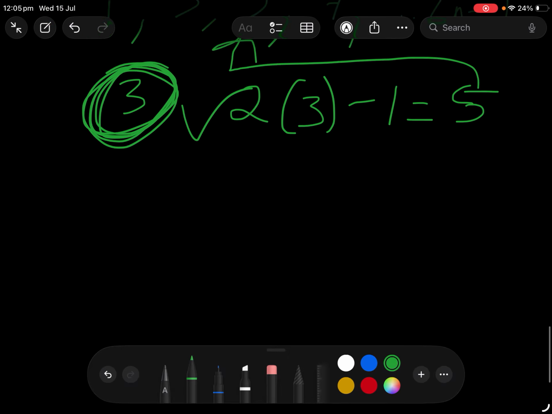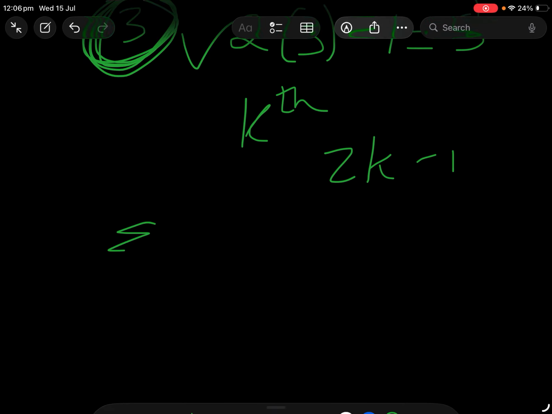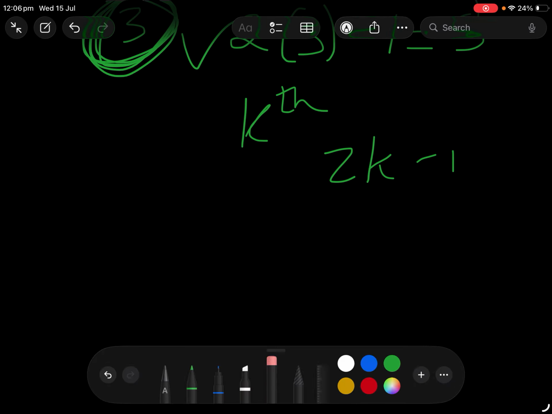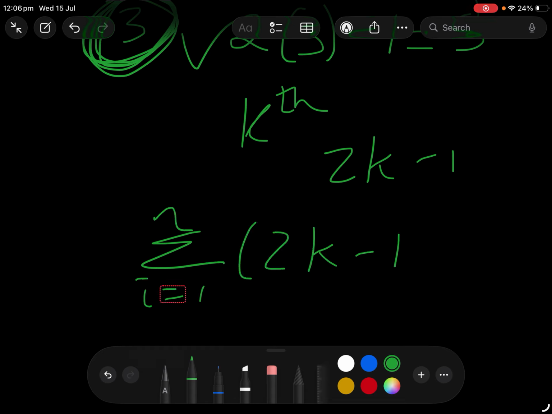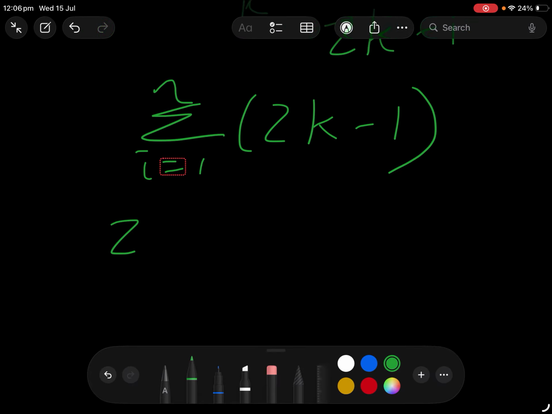So what will be our kth odd number? It will be 2k minus 1. So what we have to do is add all the odd numbers from 1 to n, 2k minus 1. If we calculate this, it will be summation of 2k minus summation of 1.